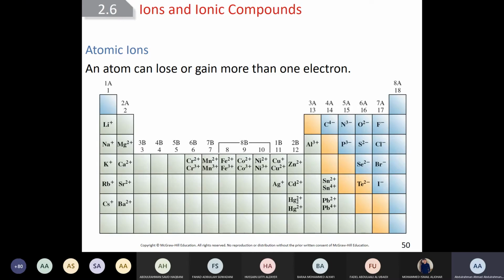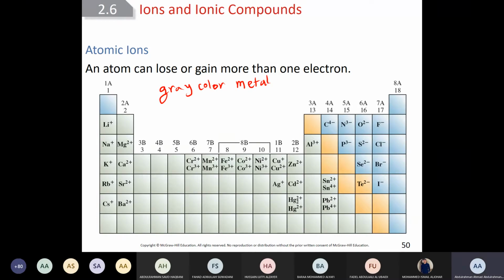But I want you to memorize one very important thing. The elements with gray color, all of these elements with gray color, are called metals.